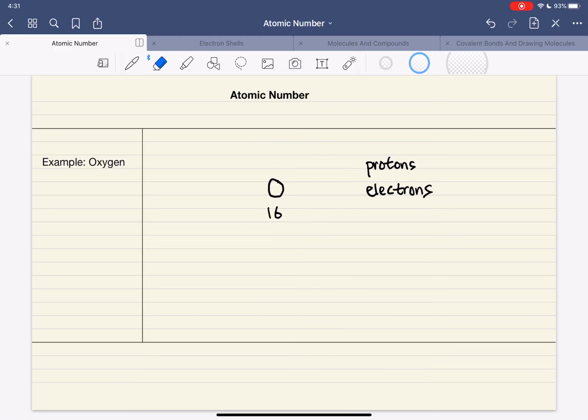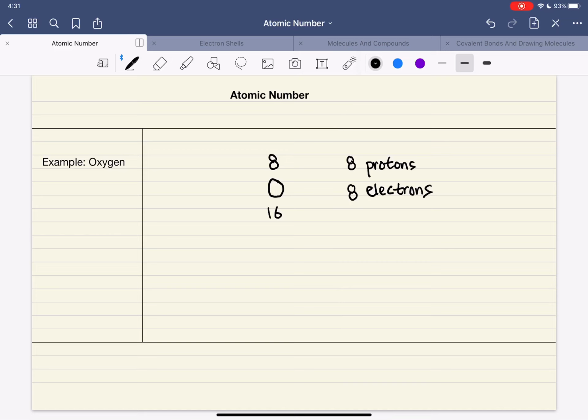So you probably caught this, but the atomic number of oxygen is not 6. The atomic number of oxygen is 8. That changes things up a little bit. So let's fix that. Change that in your notes. Which would then mean that the number of protons for oxygen is 8. The number of electrons is also 8.